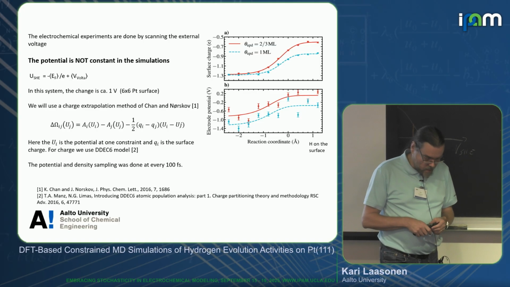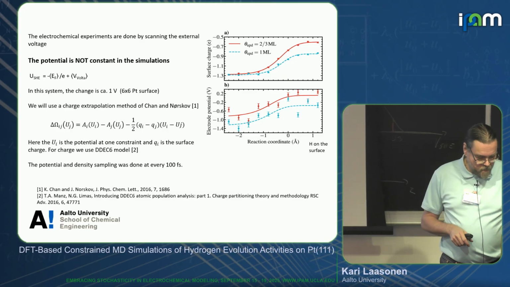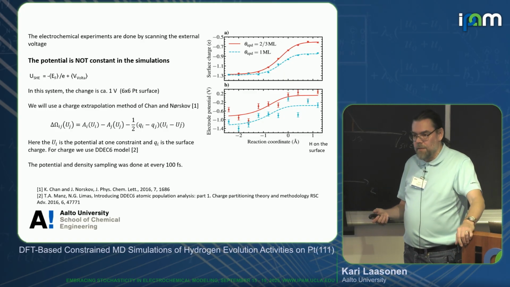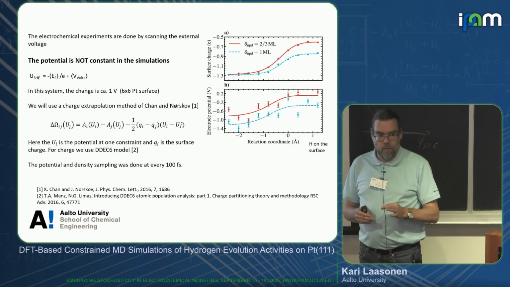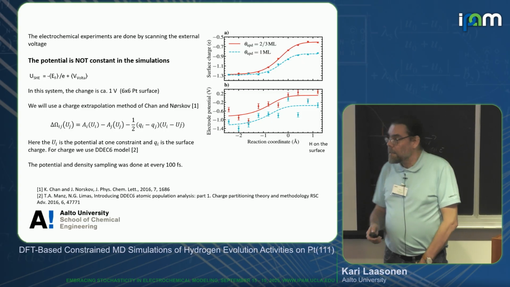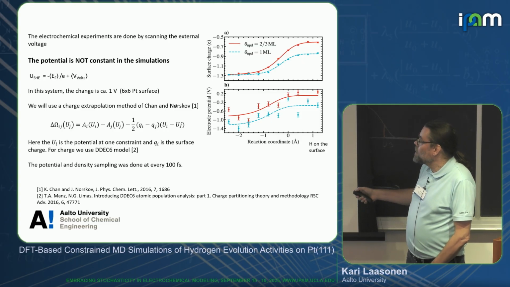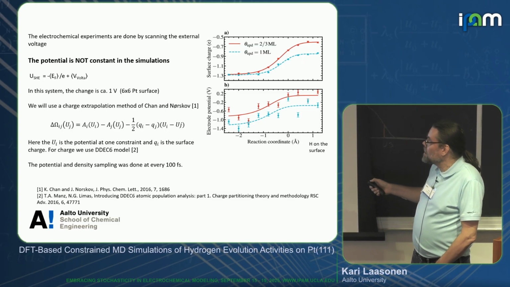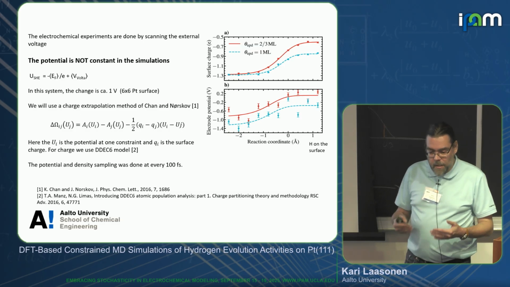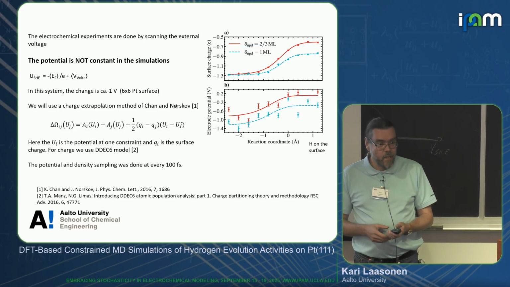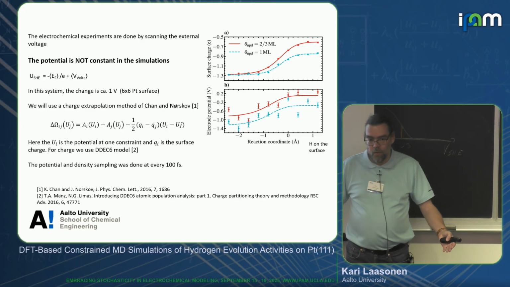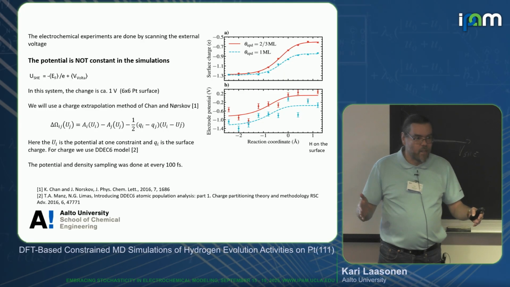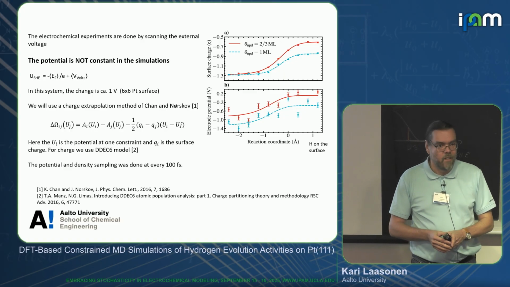Now there is another somewhat awkward problem with any simulations involving electron transfer on very small systems: the electrode potential varies a lot. In reality, you have a huge system, 10 to the power 20 or so atoms, and what the electrochemists say is you do it at constant potential.